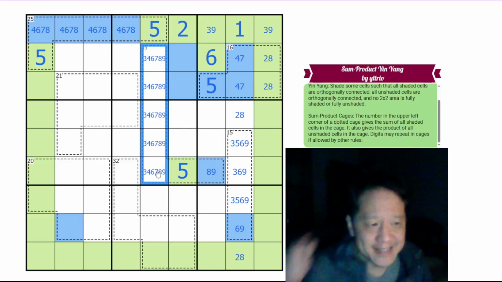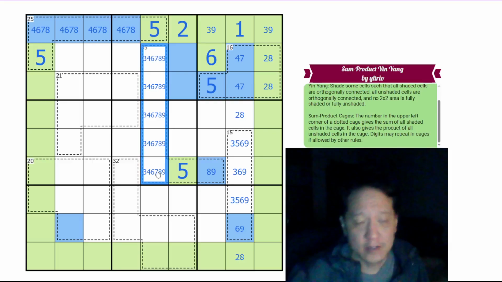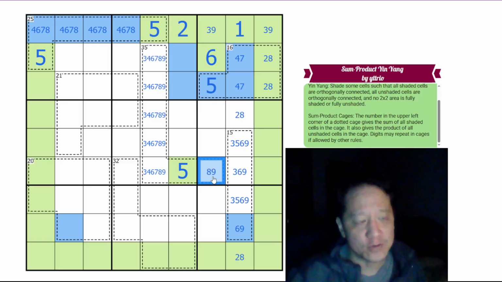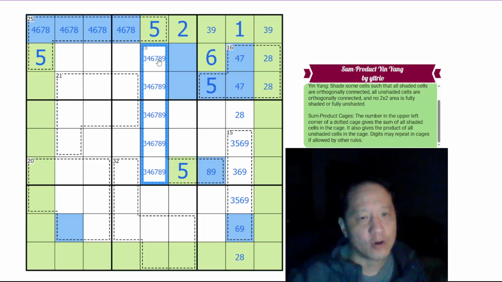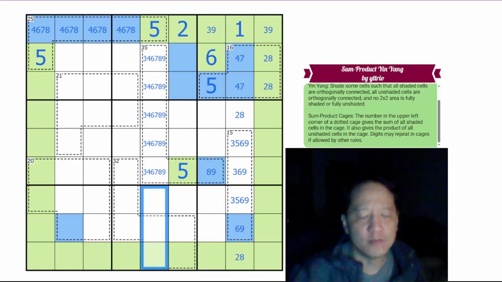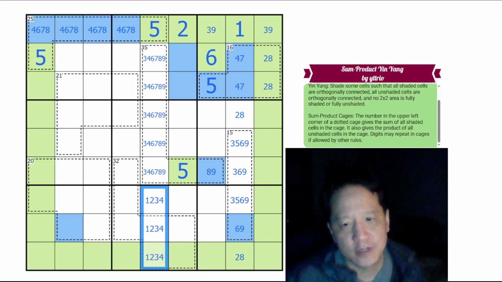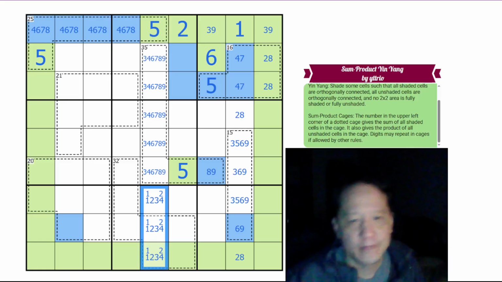And then you have 6, 8, 9 at least here, because this is 8, 9 at most here. So if you tried to have 3, 4, 8, and 9, that's too small, right? 7 plus 8 plus 9 adds up to only 24, plus 9 at most is 33, which is too small. So this has to be 1, 2 with 3 or 4 here. We're not sure which. And we're guaranteed 1 and 2 are here.